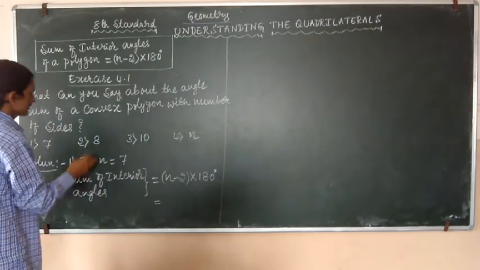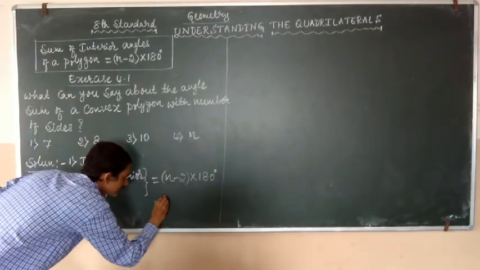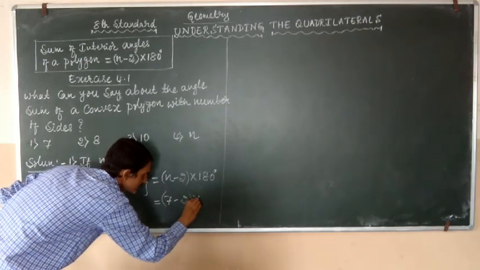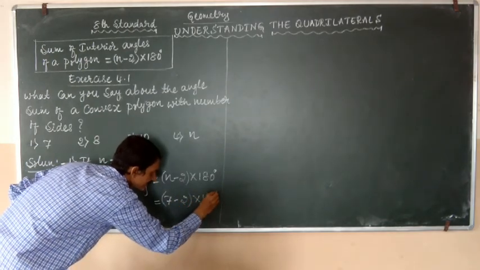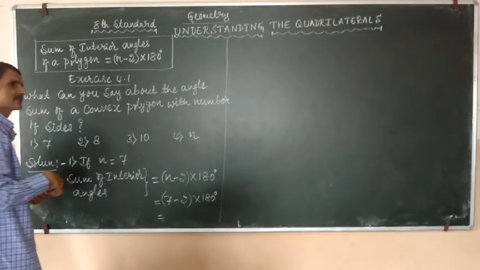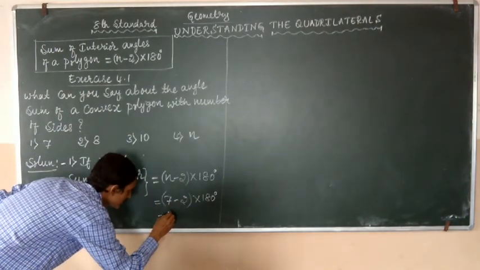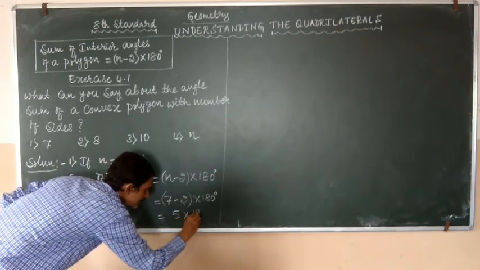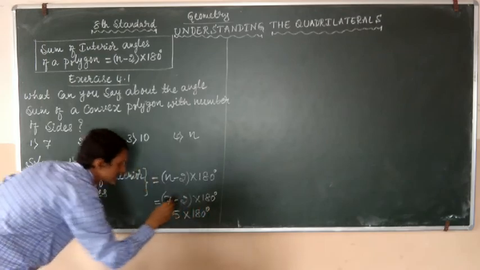In place of n substitute 7: (7 minus 2) into 180 degrees. 7 minus 2 is 5, so 5 into 180 degrees.